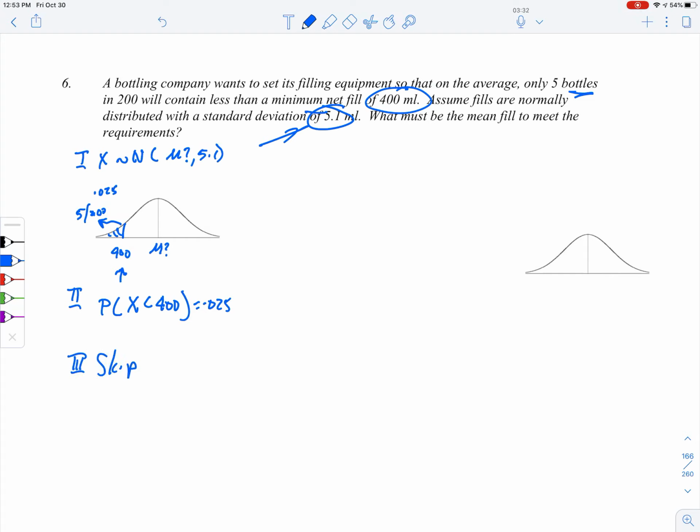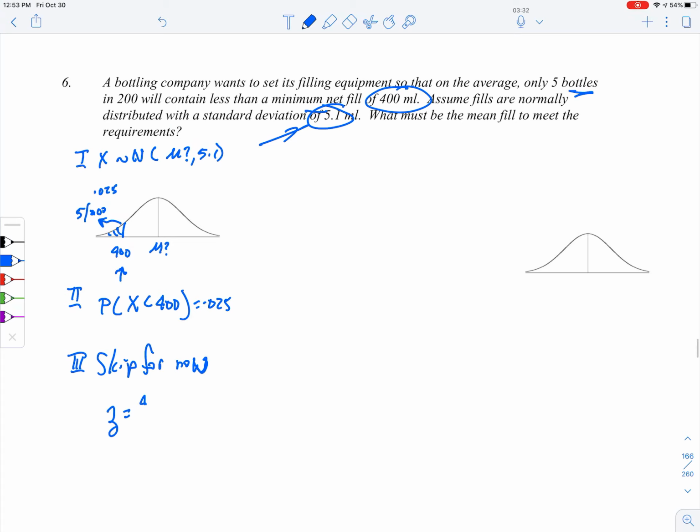Now, the problem is that we have to skip that for now, because if you stick this into the formula, we don't know what the z value is. We've got 400 minus mu over 5.1. And so we can't do that directly. But this particular z has a corresponding 0.025.